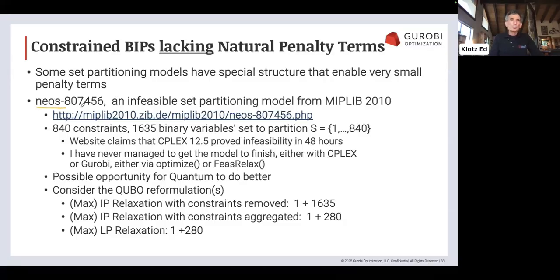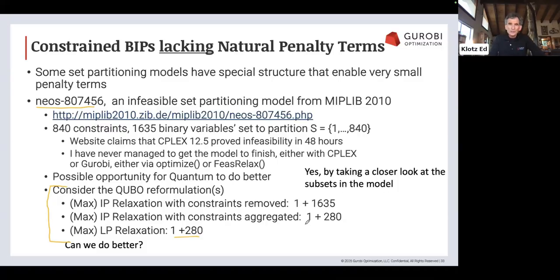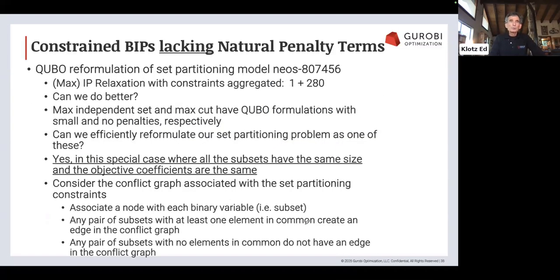So here's a MIPLIB 2010 model. I'm not going to go into the details here, but the key point is that if you go through that drill of going through those different relaxations, you get a penalty of 281. But going through that drill points you to some aspects of the model that are worth looking at. And if you do that, what you discover is that this model is special in the sense that all the subsets have the same size and the objective coefficients are all the same.